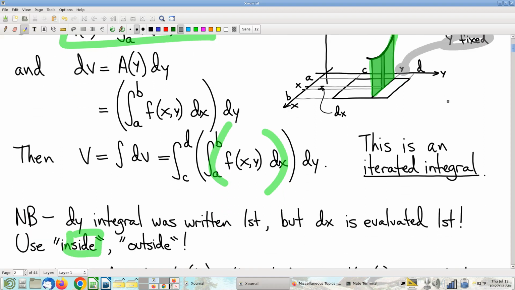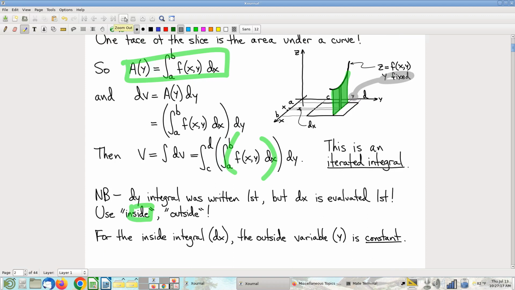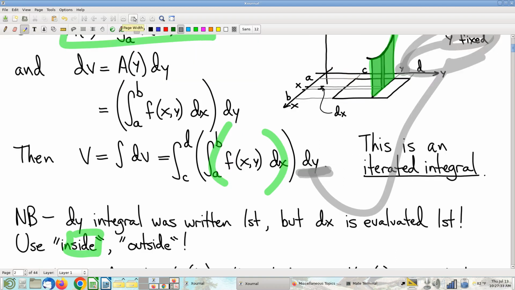So what that means then, let me zoom out so we can fit this all in. The outside variable is the one that's fixed. The outside variable is to be treated as a constant. Now that's an easy thing to forget, but you'd better remember it, because when you start computing this inside integral, you're going to be taking x antiderivatives.